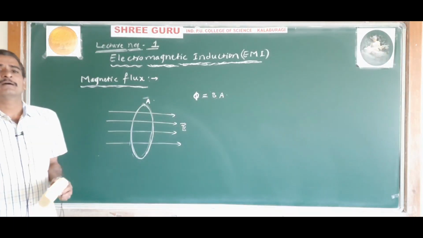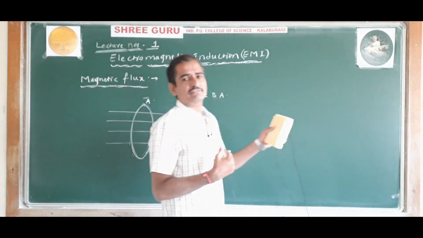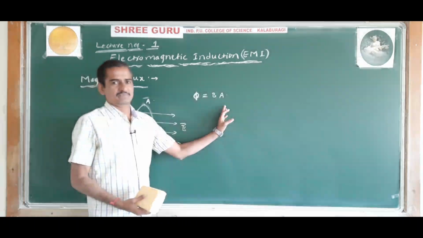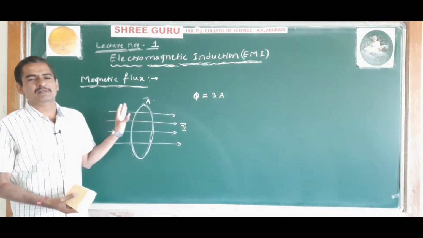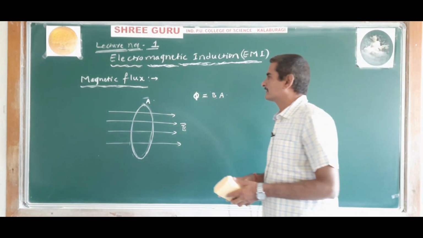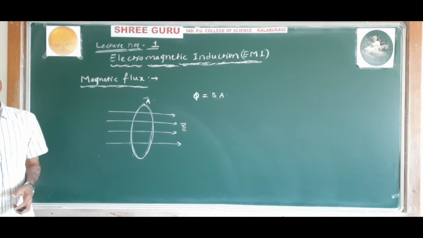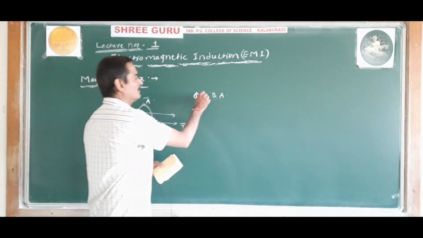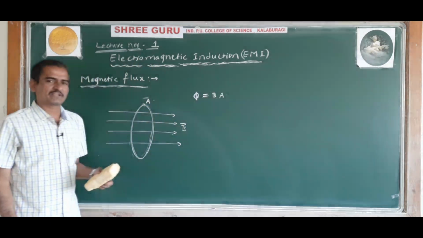The component of the magnetic field perpendicular to the area and the surface area, that product is called magnetic flux. Once again, magnetic flux is measured as the product of the component of the magnetic field perpendicular to the surface area and the area of the surface.